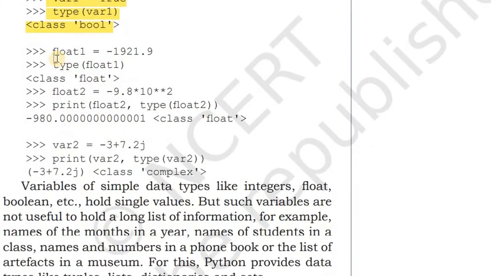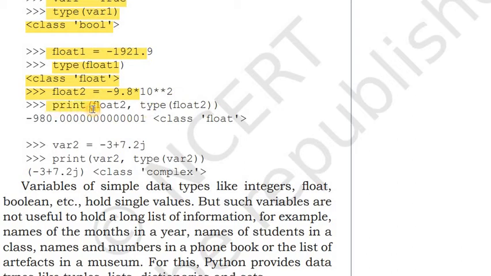Okay. Next, float1. You are assigning a negative value, minus 1921.9, and calling the type function. You pass float1, and here you get class float. And float2 is minus 9.8 multiplied by 10 to the power 2, it means with power.